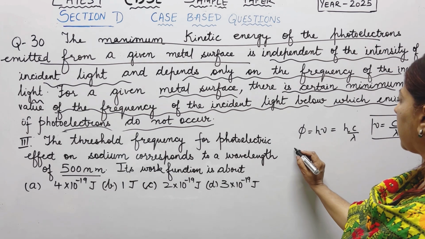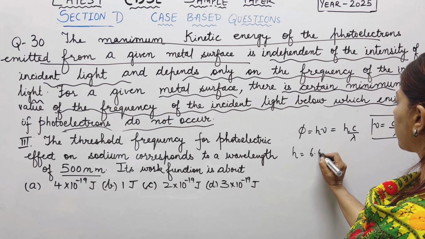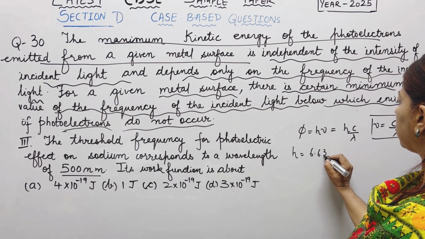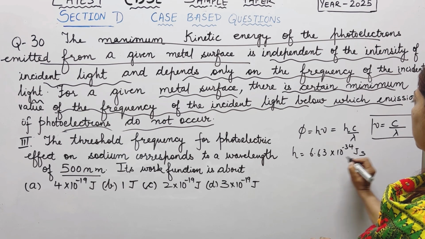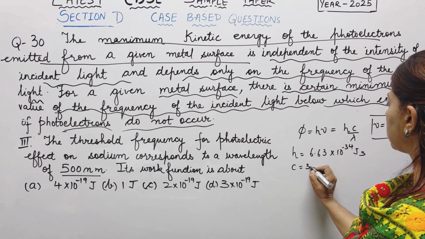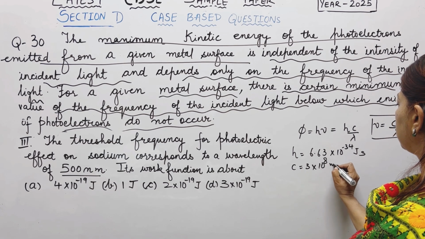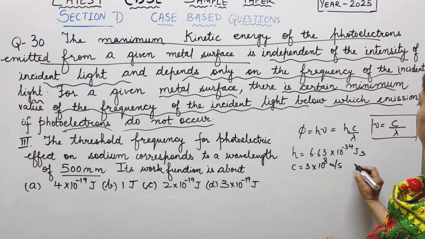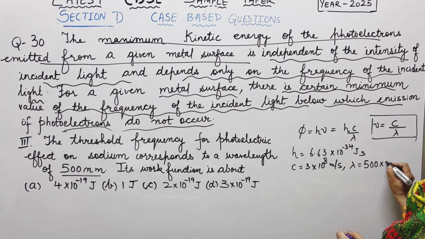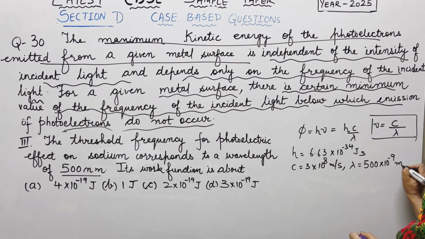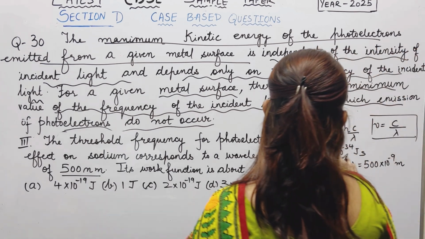Now h is Planck's constant, the value is 6.63 times 10 to the power minus 34 joule second, and c is 3 times 10 to the power 8 meter per second, and lambda is given to us as 500 nanometer. So let us convert to meter and put these values.